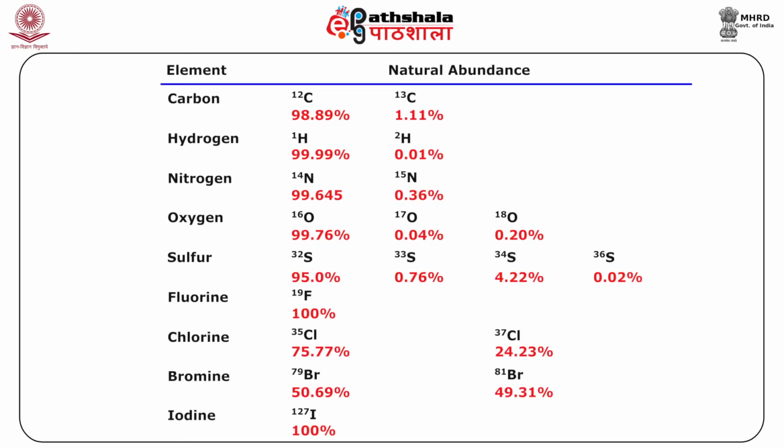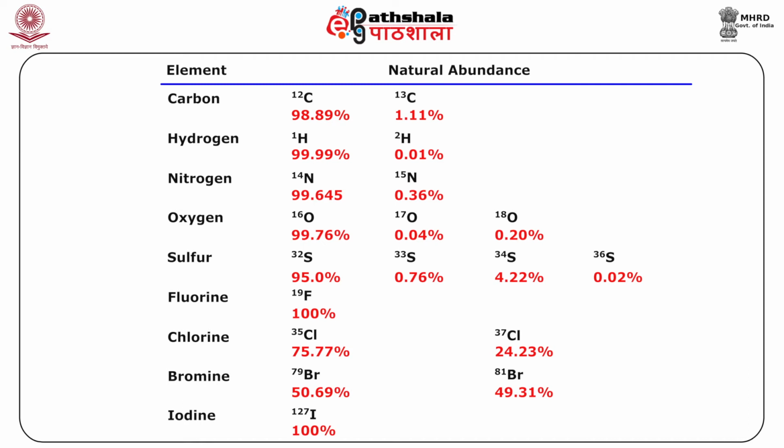Now look at the table which shows the isotopic distribution of several elements. You can see here the isotopic abundance, which is the natural abundance of course, of carbon, hydrogen, nitrogen, oxygen, sulfur, fluorine, chlorine, bromine and iodine. Special attention should be given to chlorine and bromine, because as you can see, 35 chlorine has a natural abundance of 75% and 37 chlorine has a natural abundance of approximately 24%.